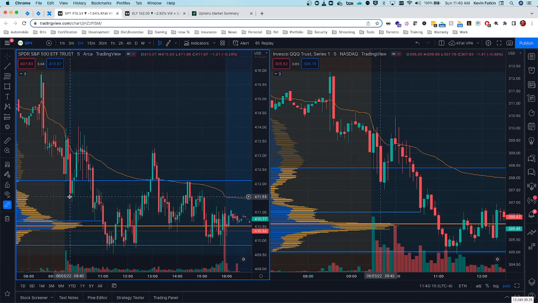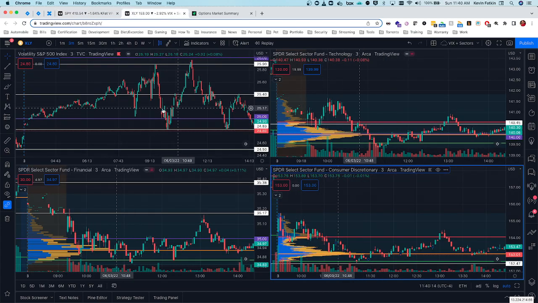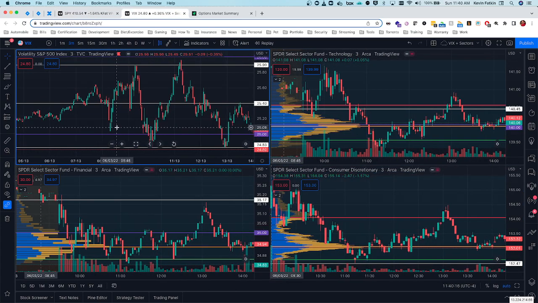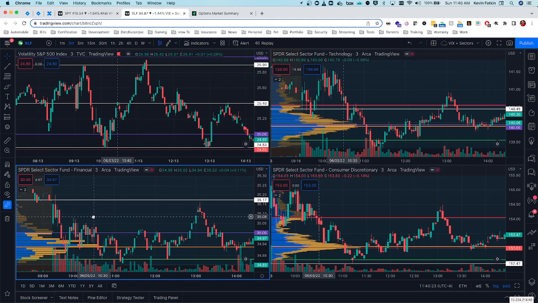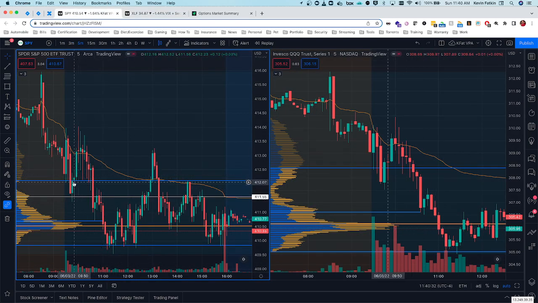So we start to see SPY holding this level, and quickly we want to peek at VIX and the three sectors, XLK, XLF, XLY, and if we see them all holding that same level, which we do, so VIX is red as they flip green, that's extra confirmation to enter, and you can hold.